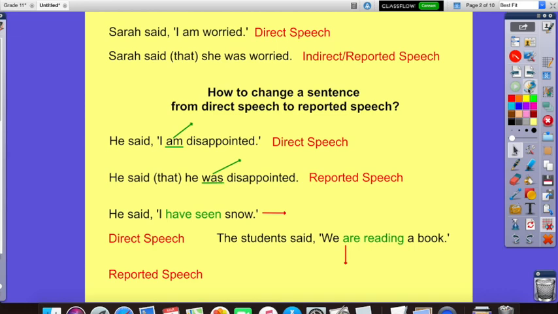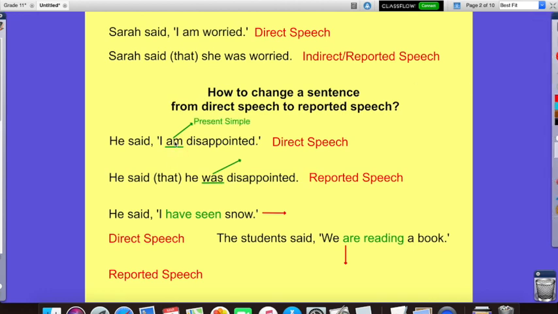He said he was disappointed. This is reported speech. The verb am is present simple, and the verb was is past simple. So if we use the present tense in direct speech, we use the past in reported speech.